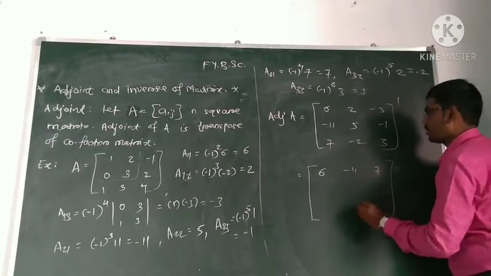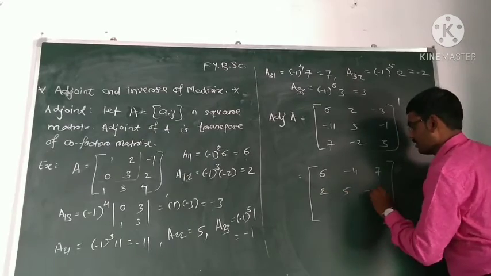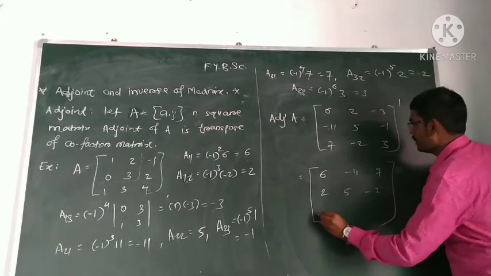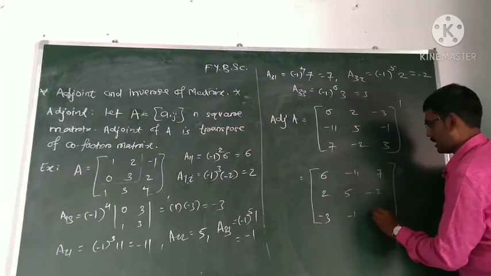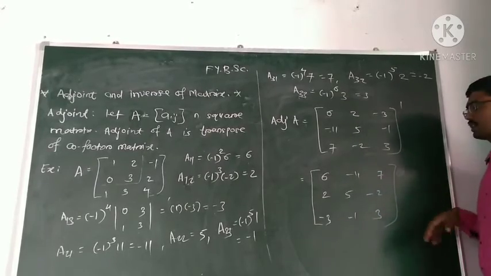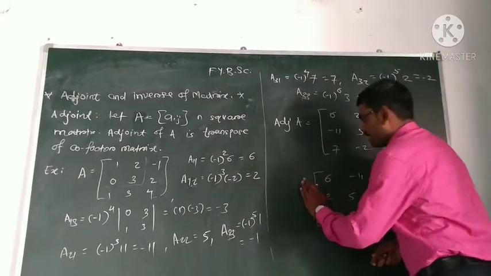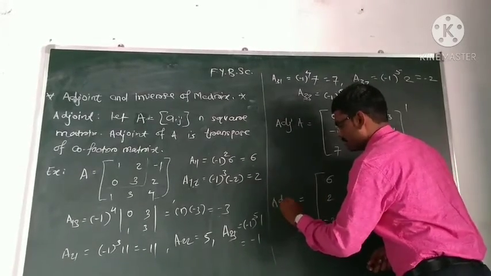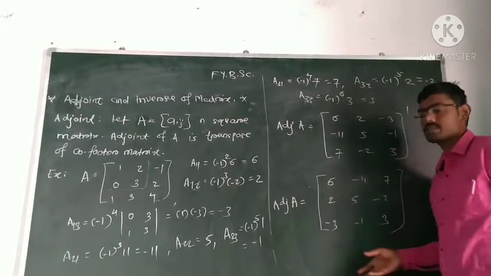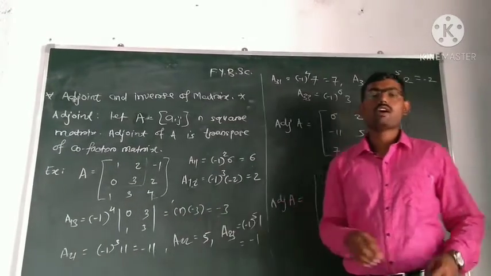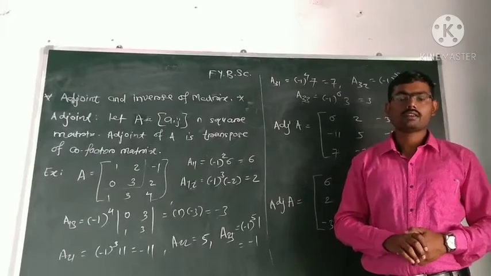Second column becomes second row: 2, 5, minus 2. Then minus 3, minus 1 and plus 3. Okay. We have taken transpose of this matrix. So this is the adjoint of the given matrix. So in this way we find adjoint of the matrix.